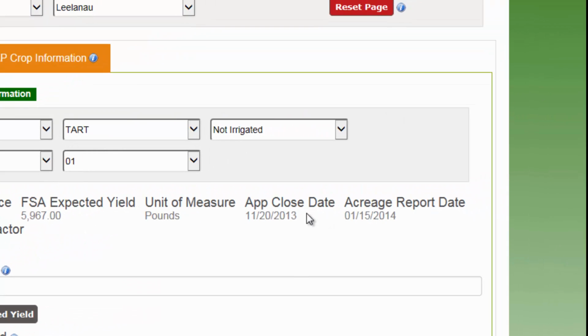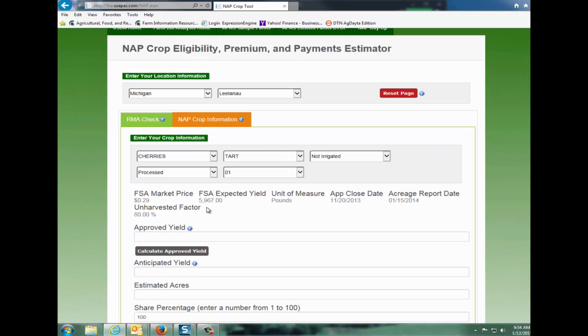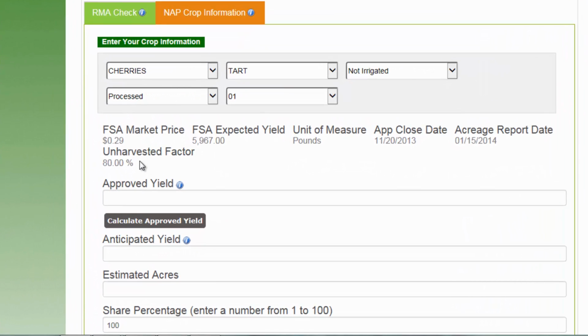These dates over here are for the 2014 crop, which is the example in here, but this will still get you very close to the information you need for this year's. There is an unharvested factor of 80%. What this is saying is that if you do not harvest the crop at all, they're estimating that you'll save about 20% of your protected yield times price times the 29-cent market price.